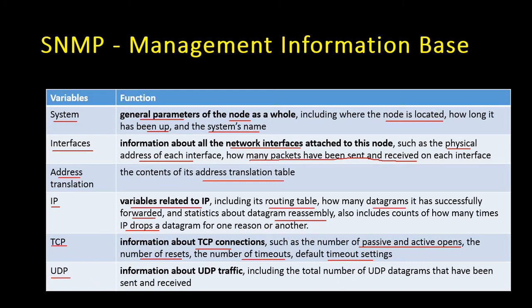Then we have the UDP variable, which stores all the information related to UDP, including the number of UDP datagrams, that is, packets, sent and received through this node. These are the various management information base variables.